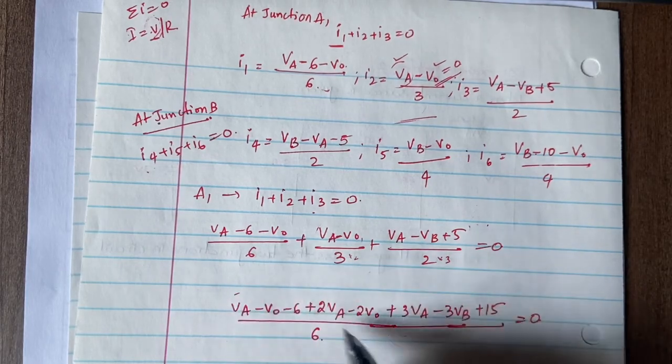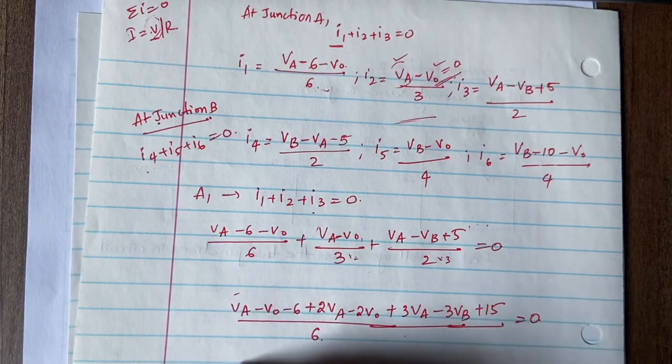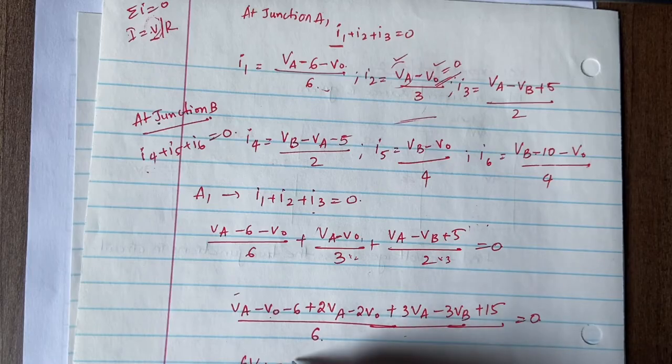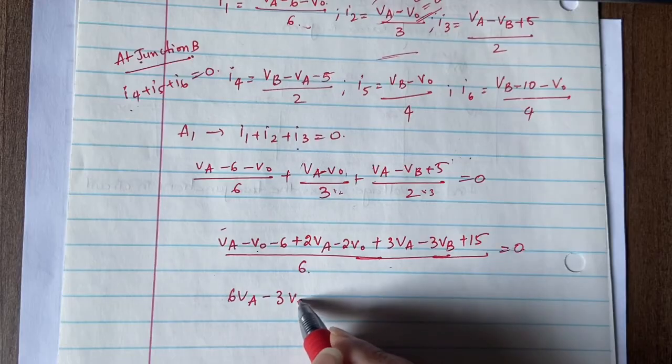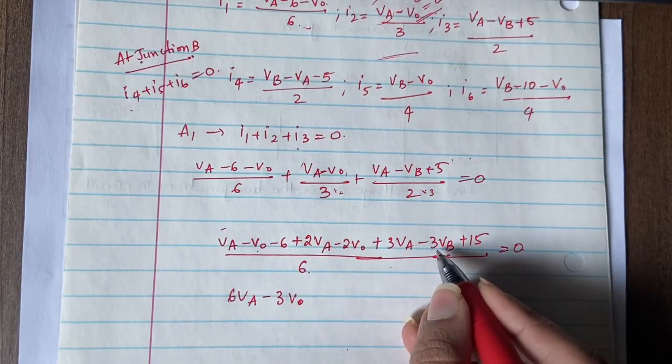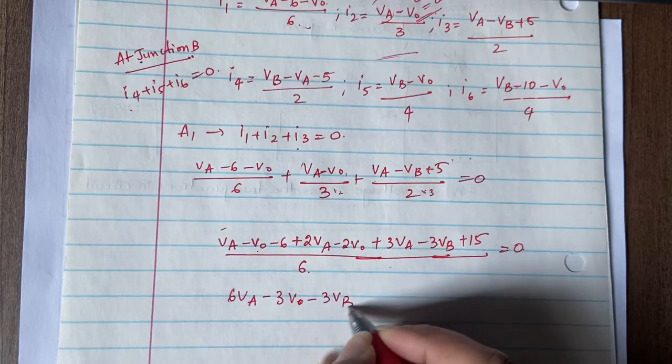So 6 you send that side, it will become 0 anyways. So here VA, 2 VA, 3 VA, it will become what? 6 VA, minus V0 minus 2 V0, you will get minus 3 V0. Anyways V0 is equal to 0. And then VB, how many you have? Just minus 3 VB.